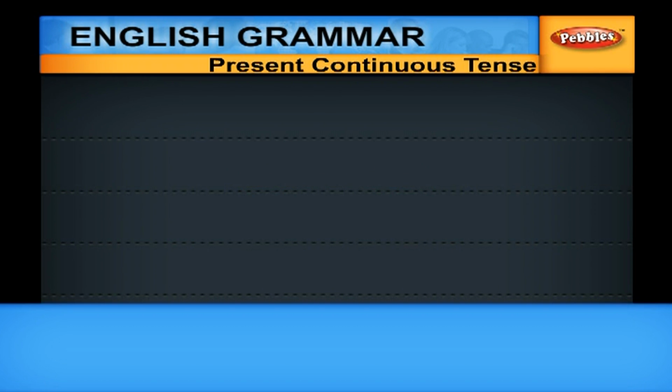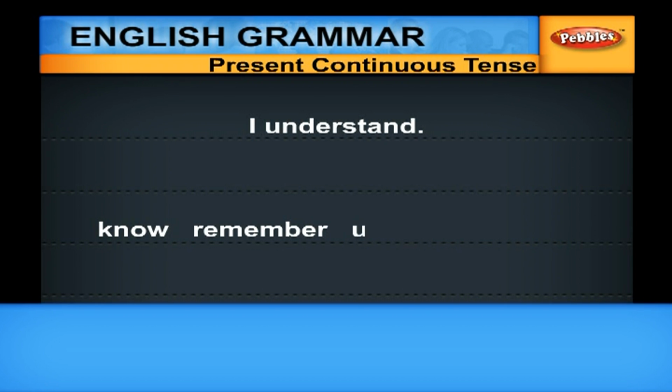It must be, I understand. Some of the verbs like know, remember, understand, etc. will not take ing form. Probably, you may be referring to a continuous action, but still these verbs don't have ing form.